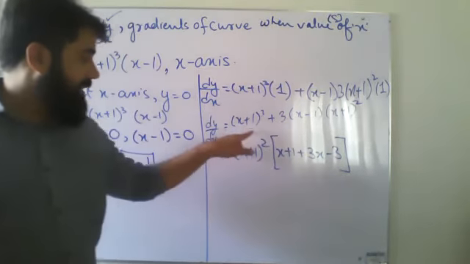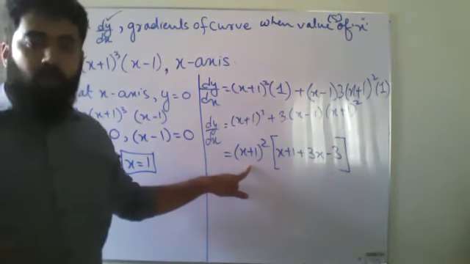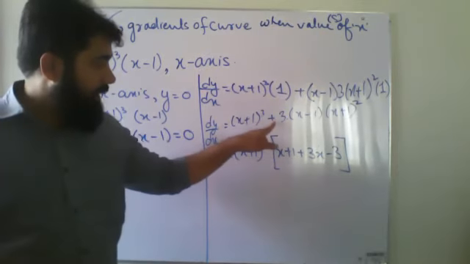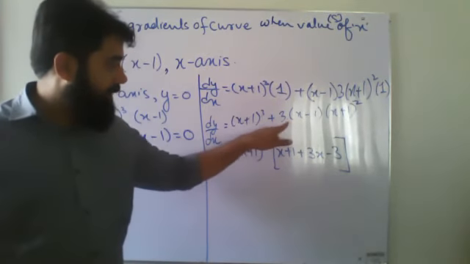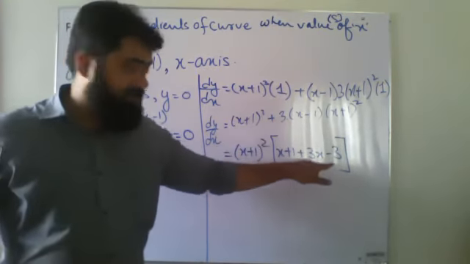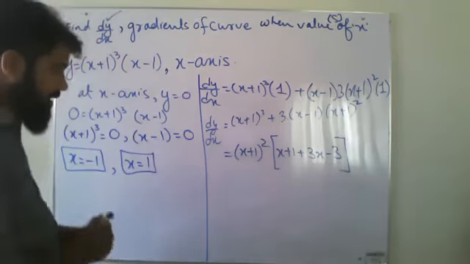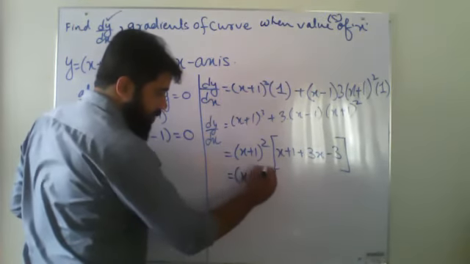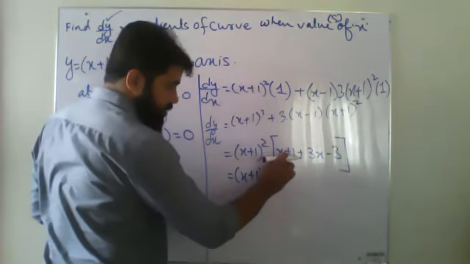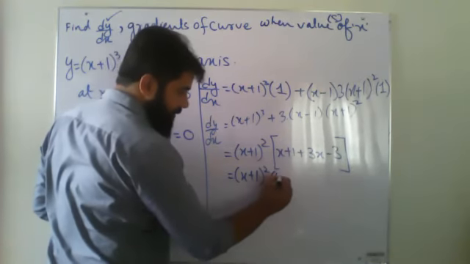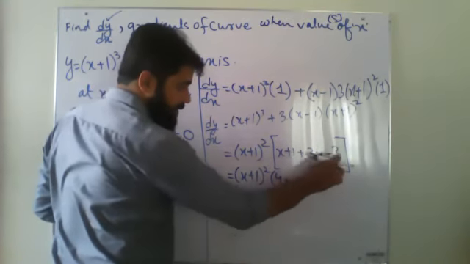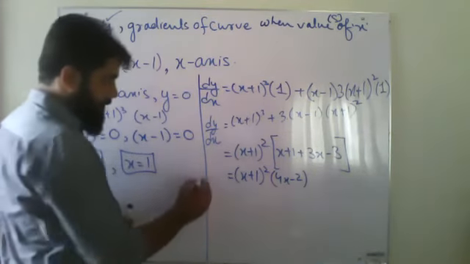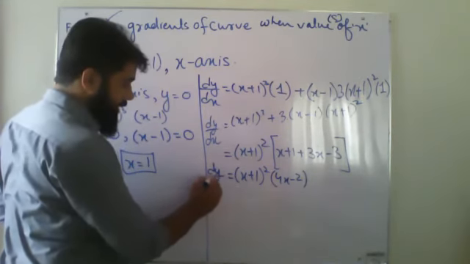So I have taken (x plus 1) whole square common. What will remain from here? It will be x plus 1, and from here this will remain. So I multiplied these two and this is my answer. Further simplification, (x plus 1) whole square. So x plus 3x will become 4x and minus 2. Okay, this is my dy over dx.